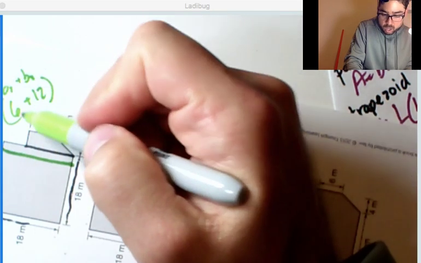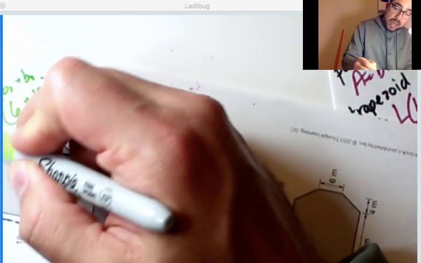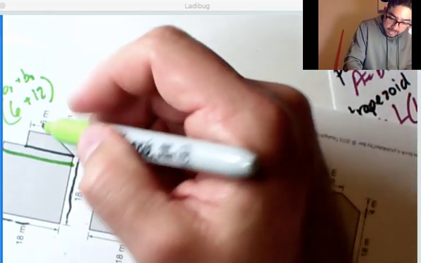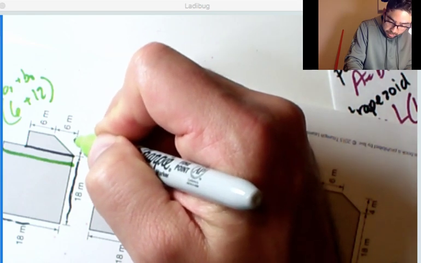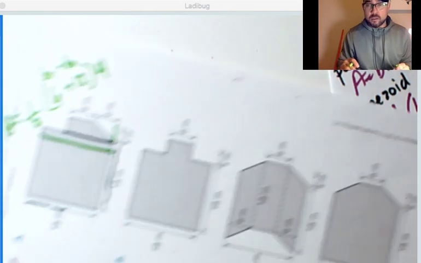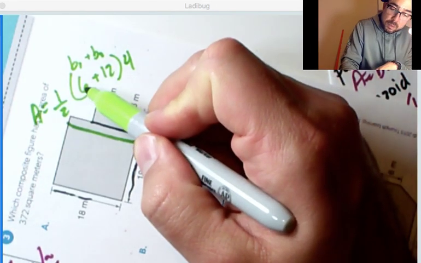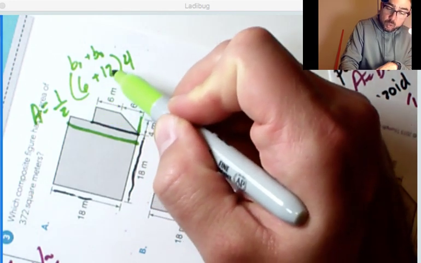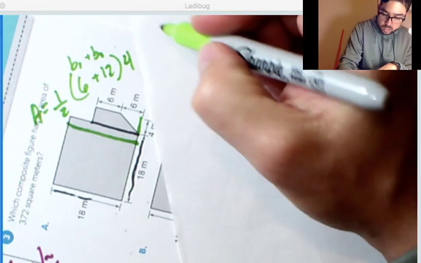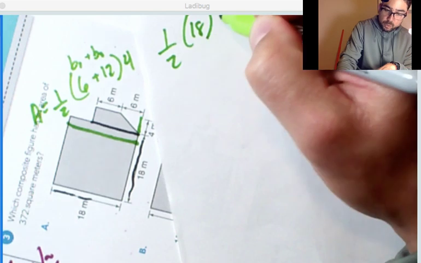So our trapezoid here is 1/2. Area equals 1/2 times 6 plus 12 times the height. It shows us here that the height is 4. Oops, it's off screen, sorry. So we're just going to add base 1 plus base 2, 6 plus 12. 1/2 times 6 plus 12 is 18 times 4.